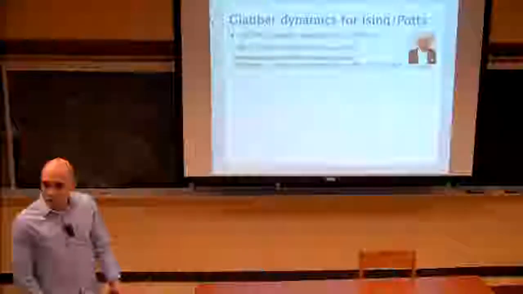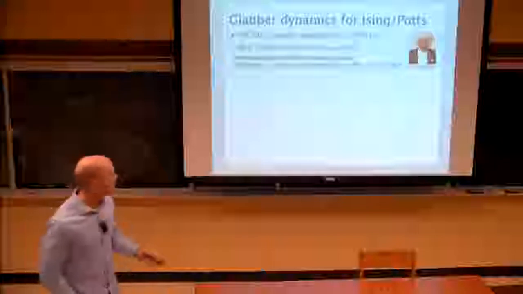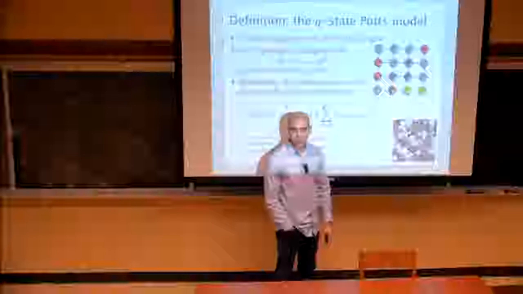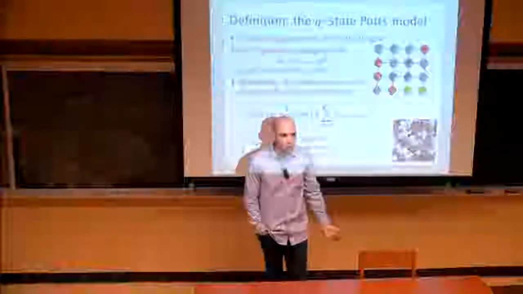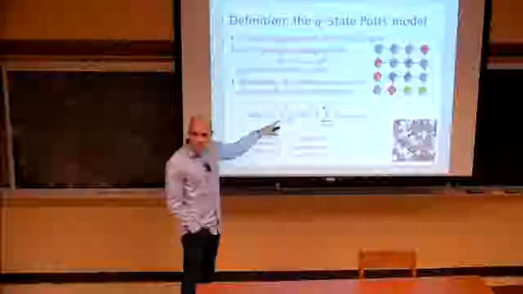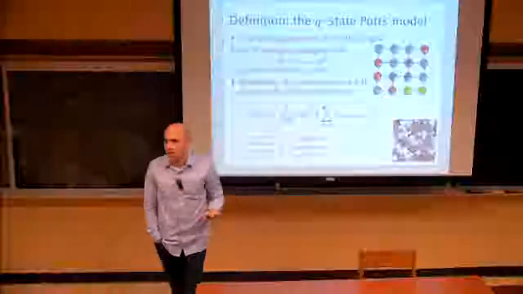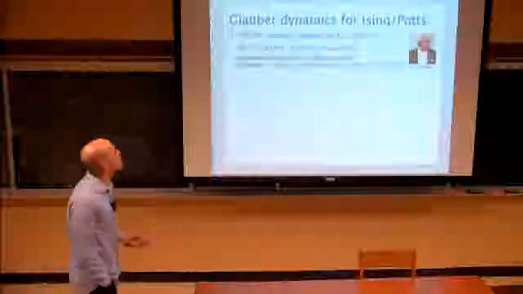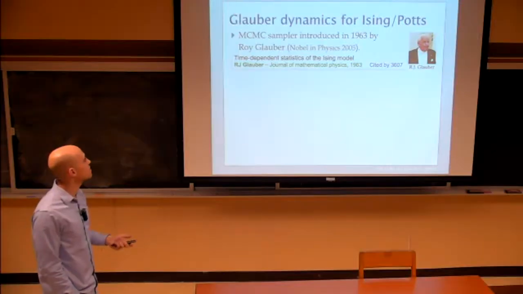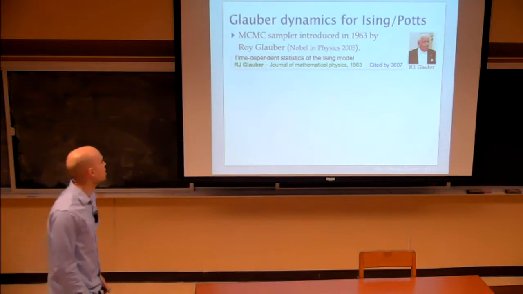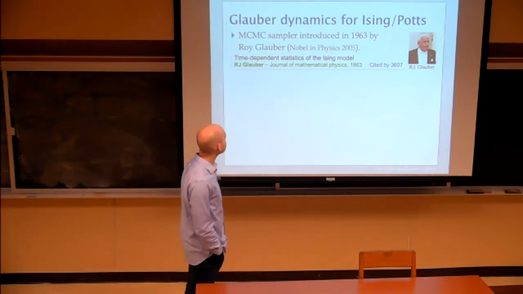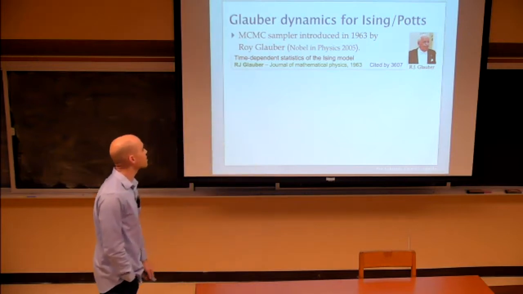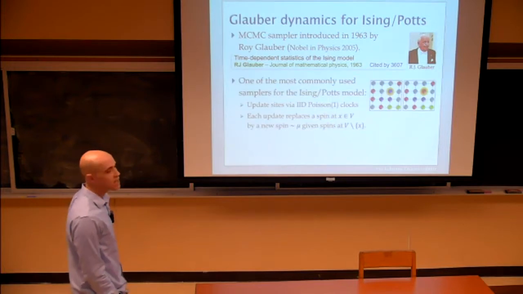So what do we do? We still want to somehow understand. The question is, for instance, how do I know what the model looks like on a 1,000 by 1,000, if I do not have access to this z, and therefore I cannot simulate the model? And to our rescue comes the family of MCMC, Markov chain Monte Carlo samplers, and specifically the one introduced by Glauber in the 60s is a particularly useful one.